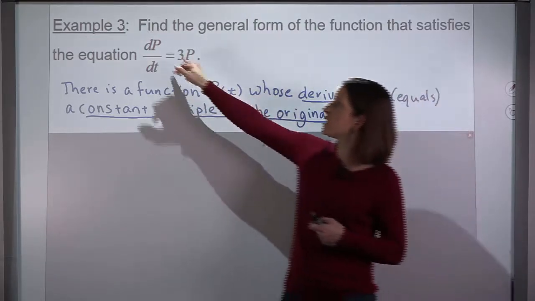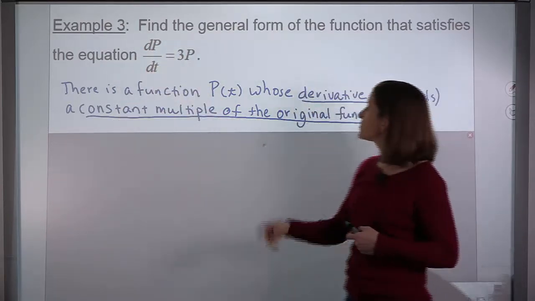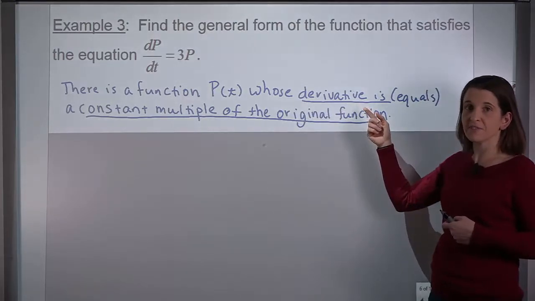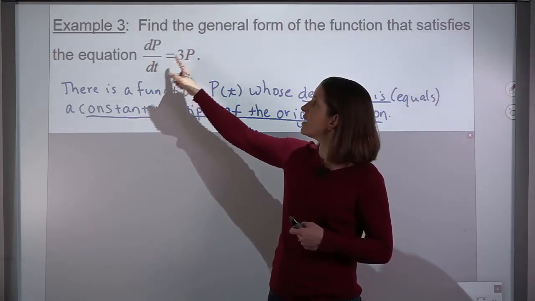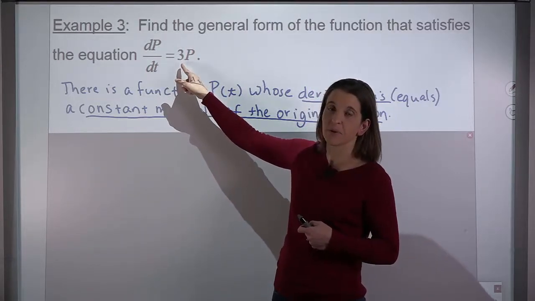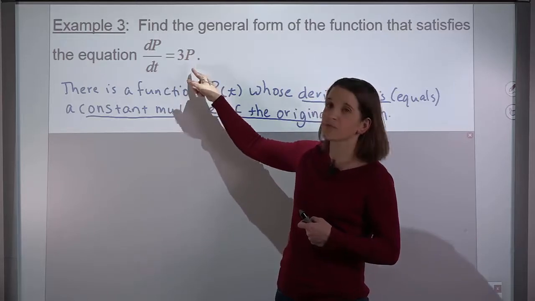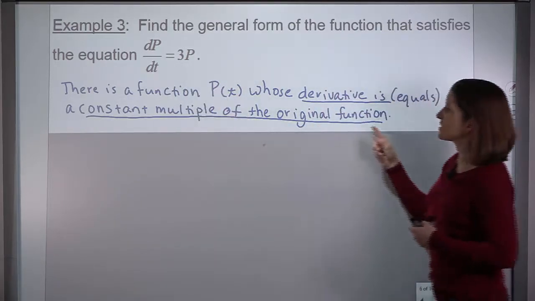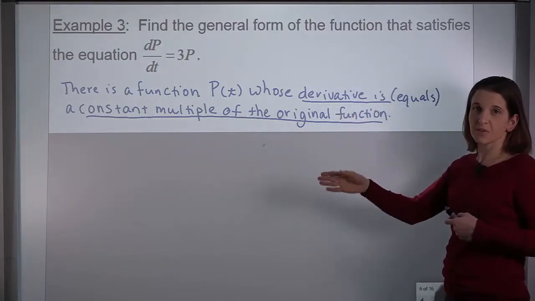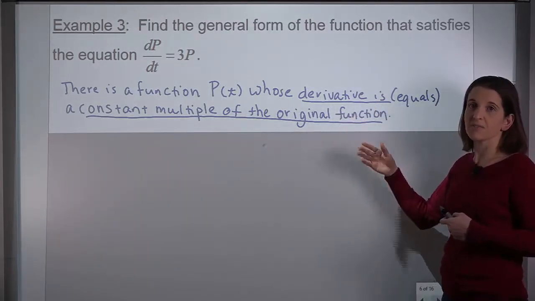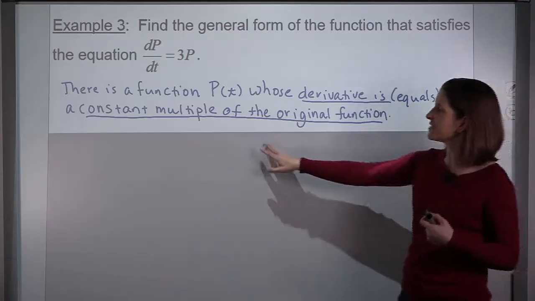I know it's p of t because this is dp dt, so that's my input, whose derivative equals a constant multiple of, so 3 times, the original function p of t. Okay? So if you go step by step, the derivative equals a constant multiple of, or constant times, the original. Where did we see that?